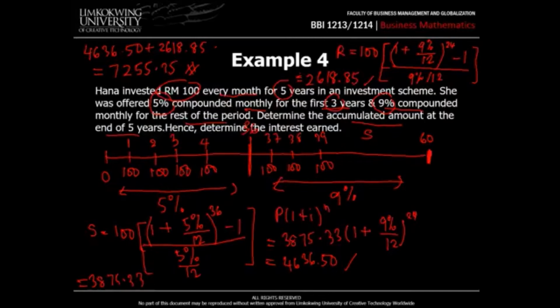Then press equal again. Then minus 1. Press equal again. Divide by, put it in the bracket, open bracket, 9 divide by 100 divide by 12. Then the final answer multiply with 100. Then you get 2661.85.